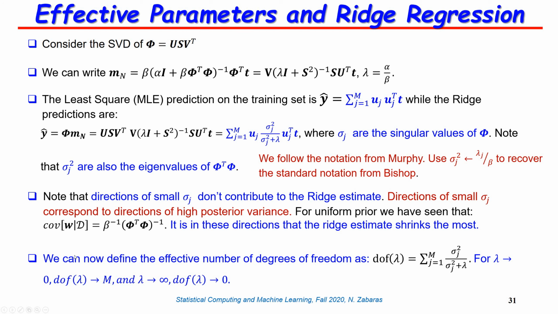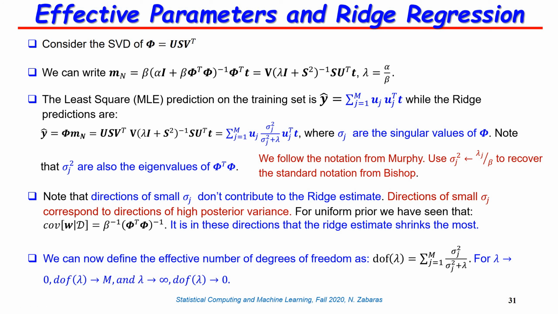So the directions where you have the highest uncertainty for w are the directions where the parameter w is set to 0 by the prior model. The rest of the directions become effective directions, and they contribute to the degrees of freedom, the effective dimensionality of your problem.